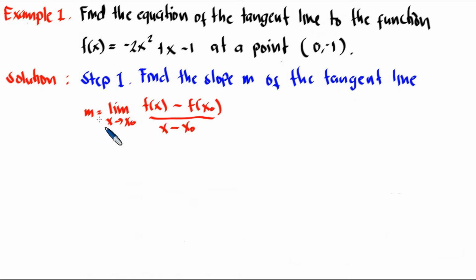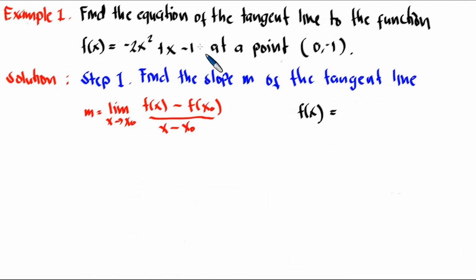That is m equals the limit of f of x minus f of x sub 0 all over x minus x sub 0 as x approaches 0. From this formula for the slope, we know that f of x is just the given function.